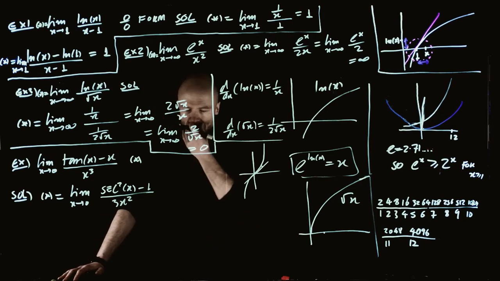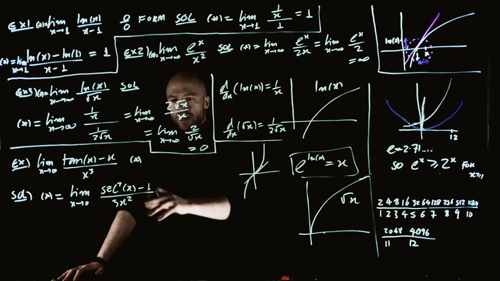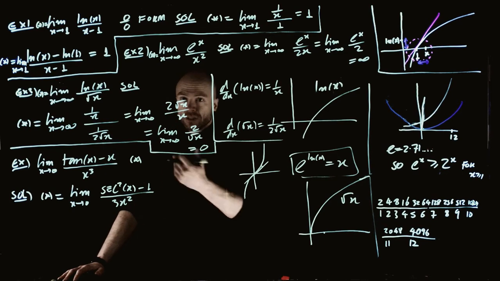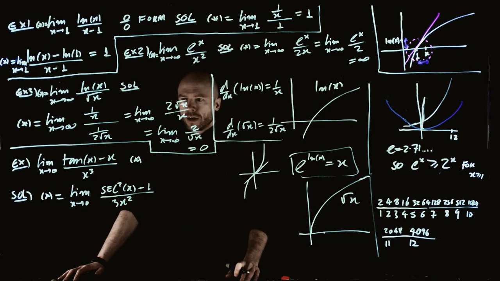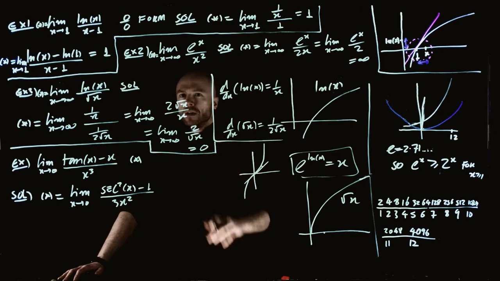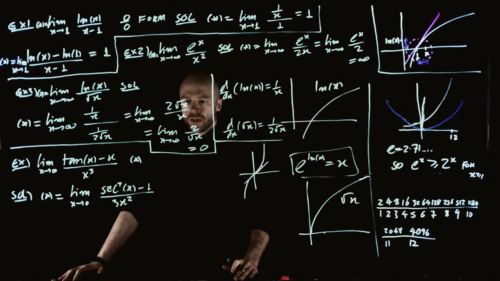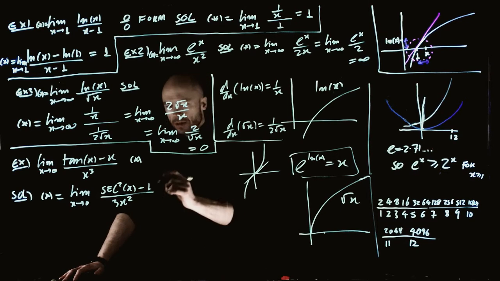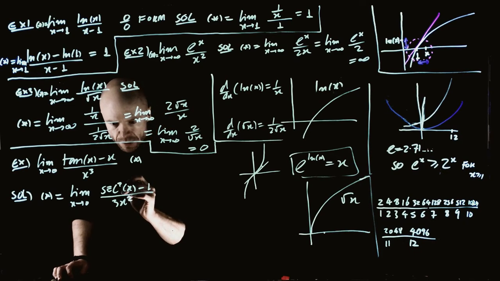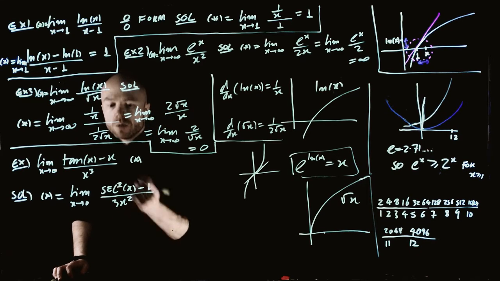All right, as x tends to 0, sec is 1 over cosine, so this thing is tending to 1, so 1 minus 1, and this thing is tending to 0, so it's 0 over 0 again, and that's no good. That's again something which we can't just read off. We're going to have to either look at the pictures or just calculate this again. And cutting to the chase, looking at the pictures again doesn't help us too much. So we're going to have to differentiate again.